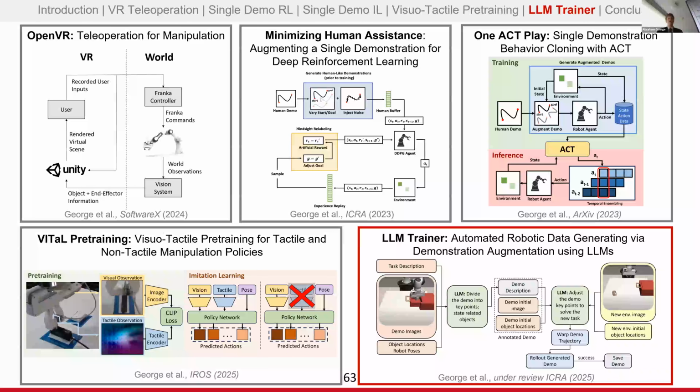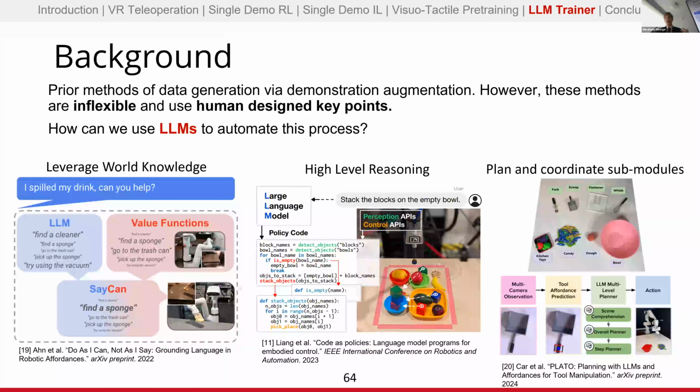Finally, I want to talk about my most recent work, which is LLM Trainer, which seeks to extend my previous data generation methods to use an LLM for more generalizability and automation. The background here is that our prior methods of data generation via demonstration augmentation worked, but they were inflexible and required human-designed key points.